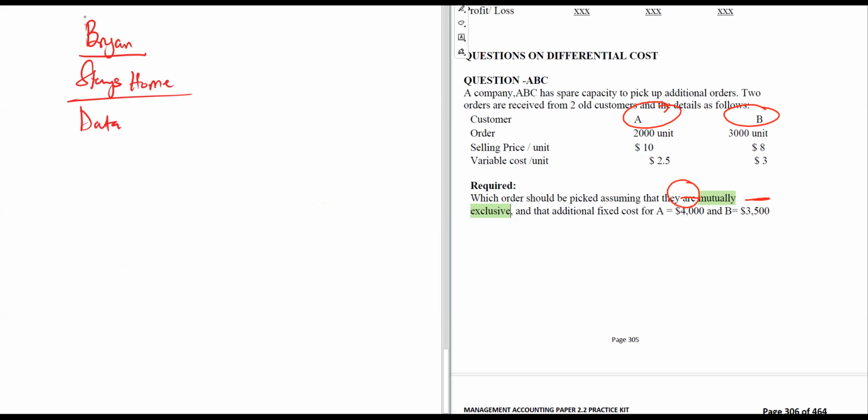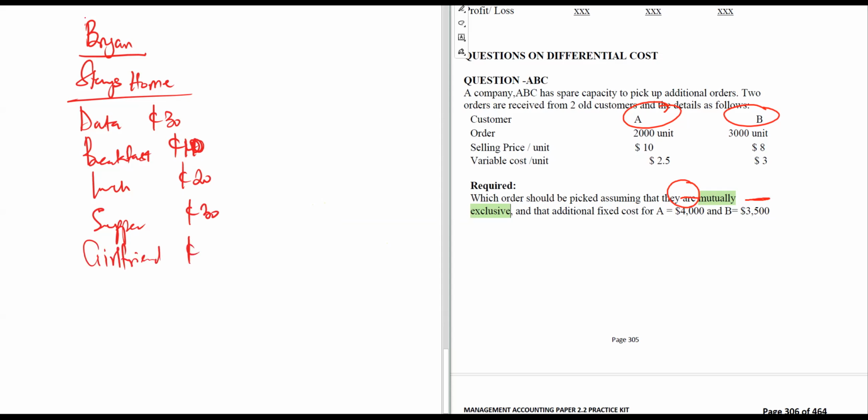He's going to incur data of 30 CDs, breakfast for, let's say, 10 CDs, lunch 20 CDs, and supper of 30 CDs. Then he will send his girlfriend or wife money for 50 CDs. Then his uncle will give him a tip of 100 CDs if he stays home.